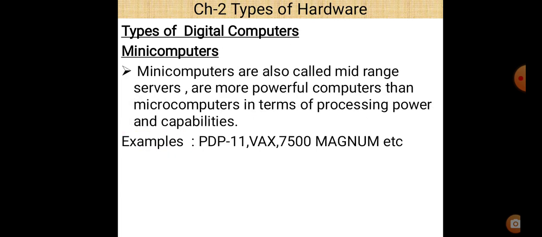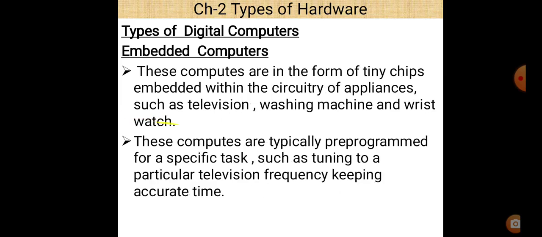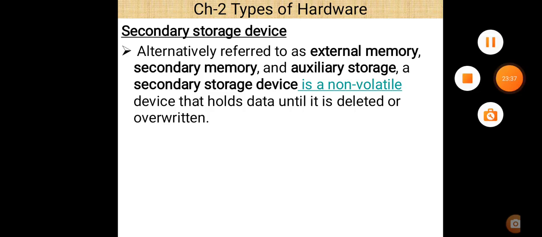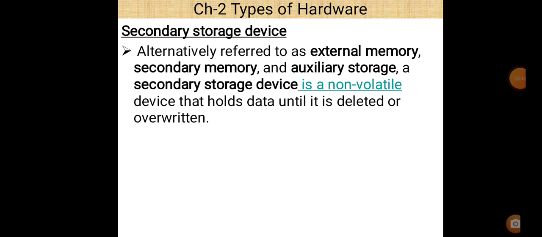Our next topic is memory. There are two types of memory: secondary storage and primary storage. As we know, primary storage is also called the main memory, and secondary storage is referred to as external memory, secondary memory, and sometimes auxiliary storage. It is a non-volatile memory that holds data until it is deleted or overwritten.